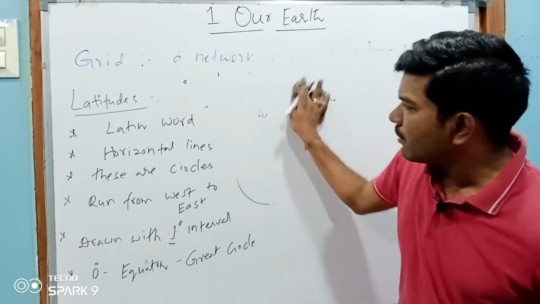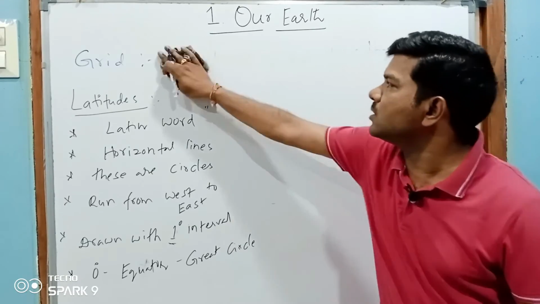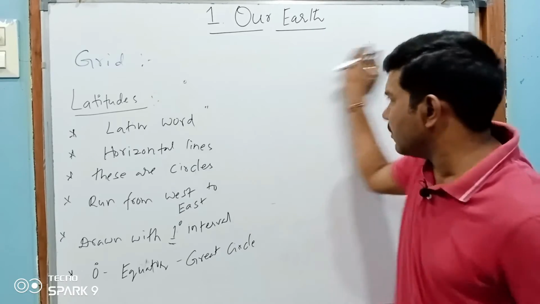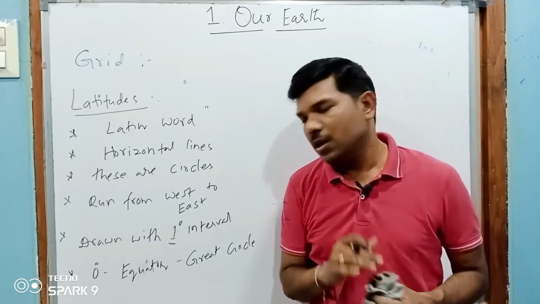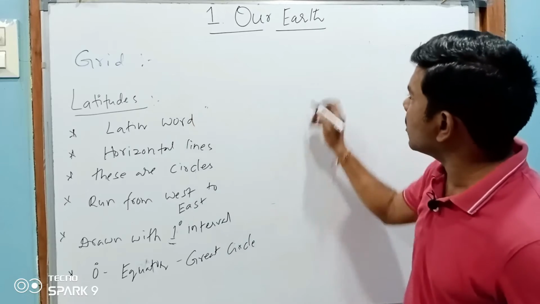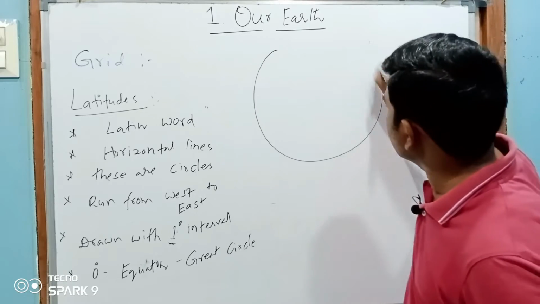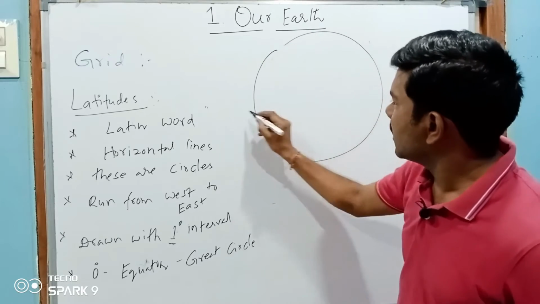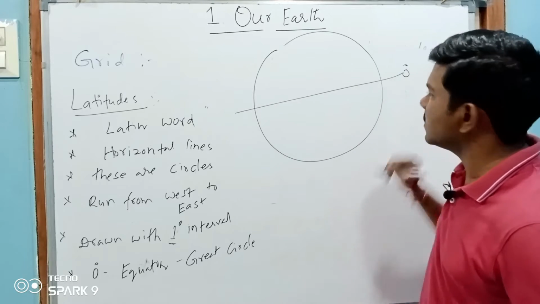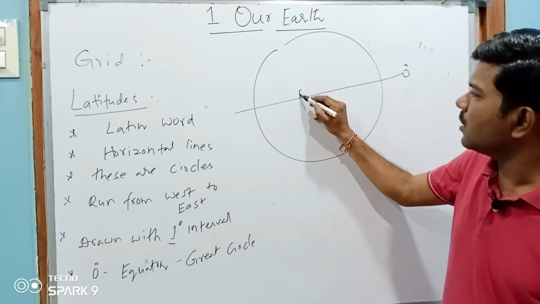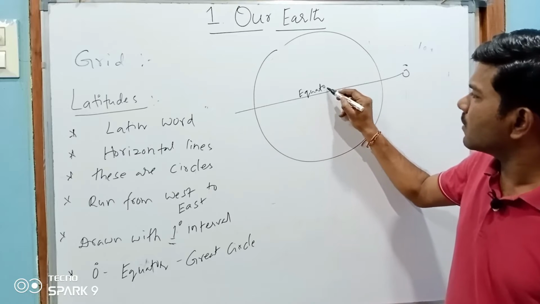Let's see some of the important latitudes on the globe. Latitudes are horizontal lines on the globe. If you consider this as a globe, this is the equator.